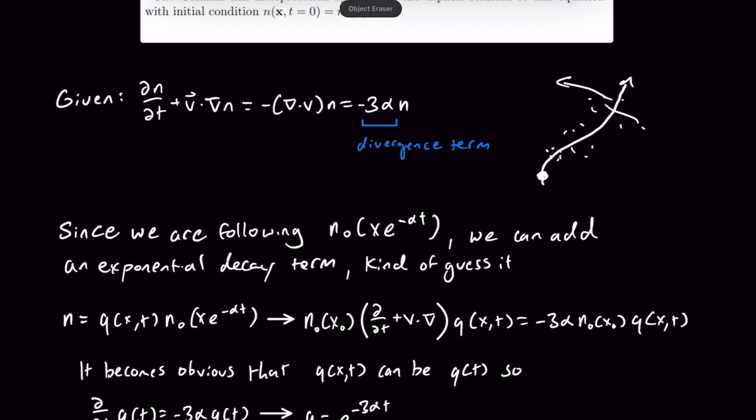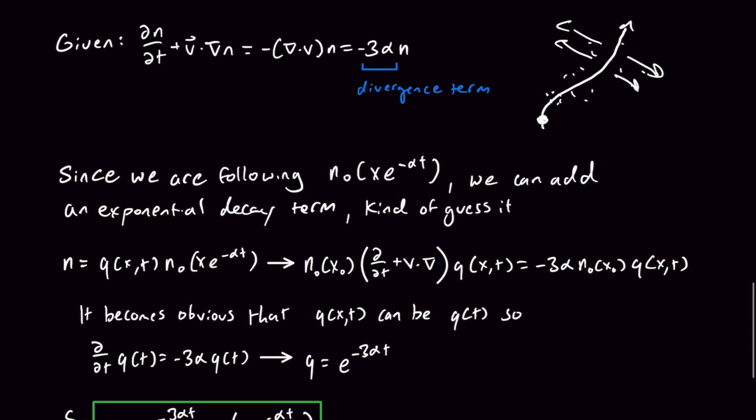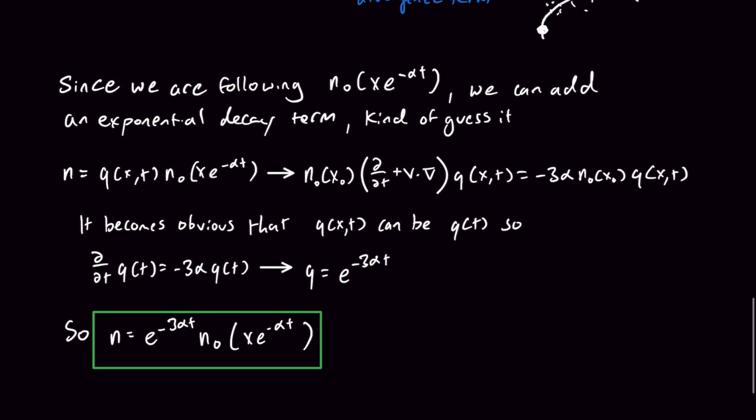Instead, the difference that we're going to see is that this is going to move out. We're just going to see how this spreads out. And the line that we're following doesn't track how this spreads out. So we just need a term to see how this spreads out. So let's just add in n equals q of x and t, which could be an arbitrary q again.